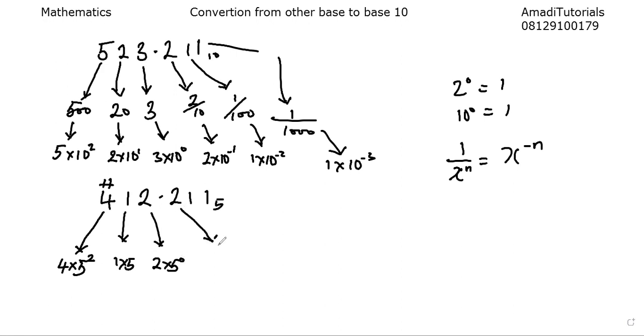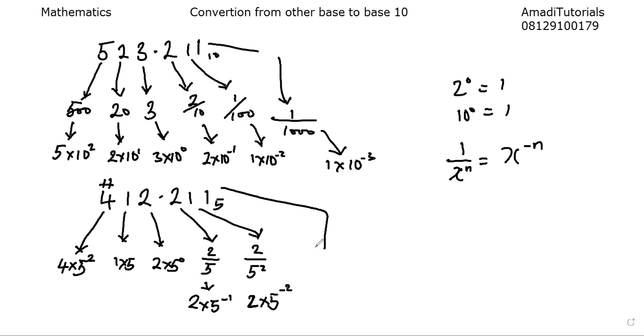After the decimal point, here will be the same thing. This will be 2 over 5, just the same way we did this one. And that 2 over 5 is the same thing as 2 times 5 raised to the power minus 1. So you follow the procedure accordingly. This will be 2 over 5 raised to the power 2, which is the same thing as 2 times 5 raised to the power minus 2.